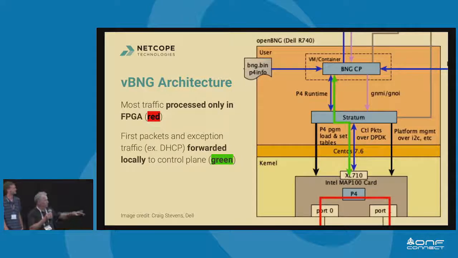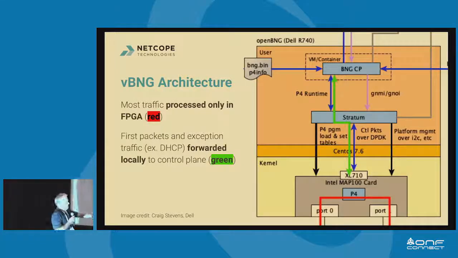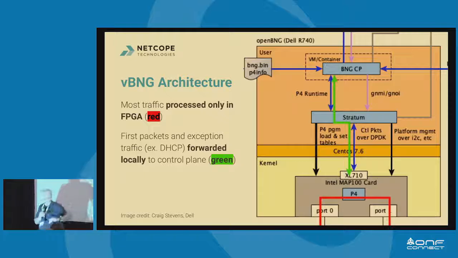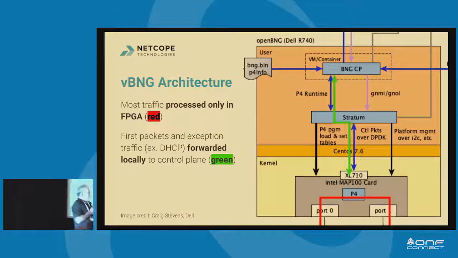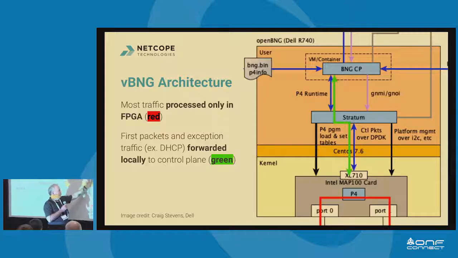In terms of performance, yes, you're running DPDK, and in fact, we're running DPDK from the XL710 up into Stratum. That integration is kind of hidden from the control plane. You don't see that. So there's a Netcope API here, there's DPDK here. That's abstracted.